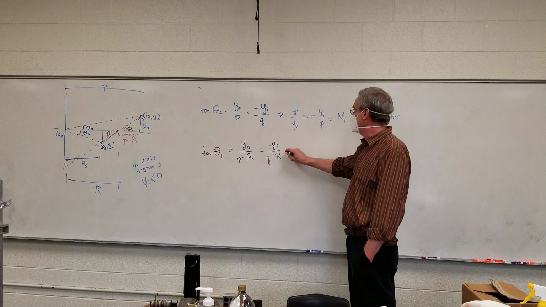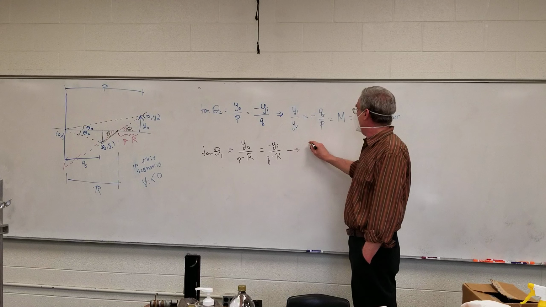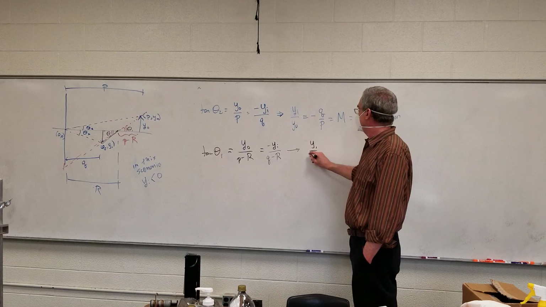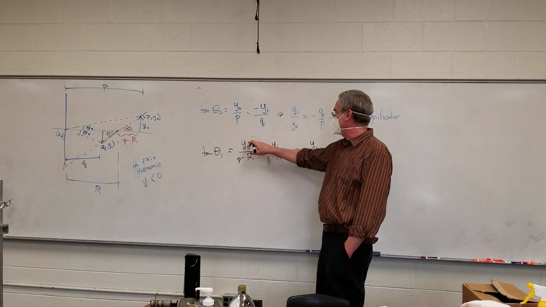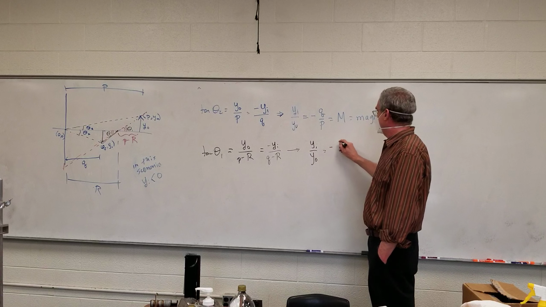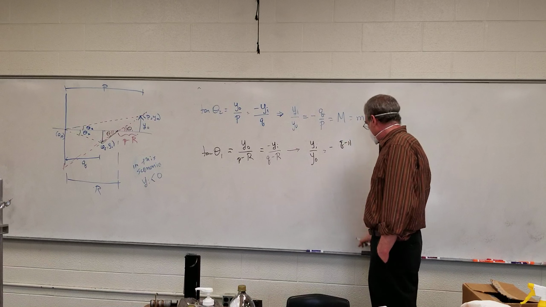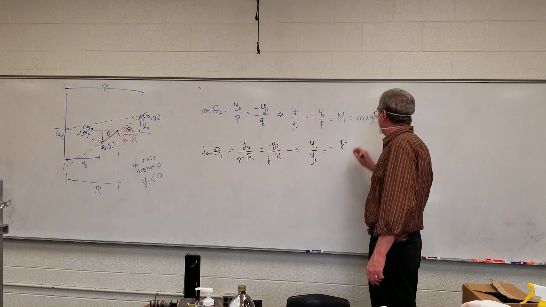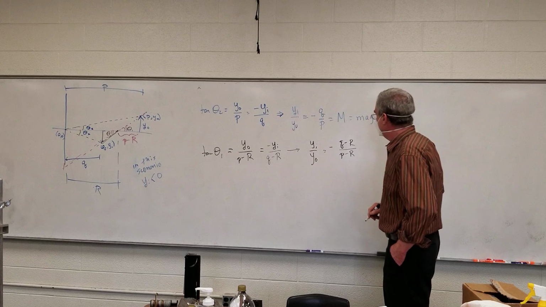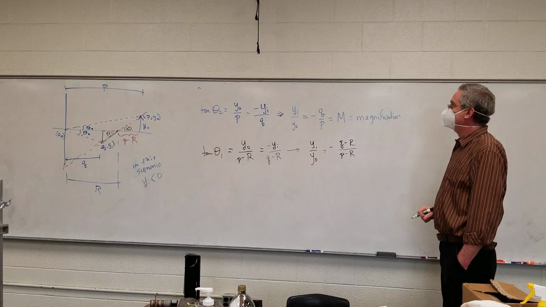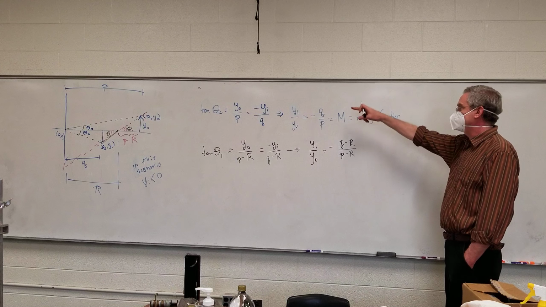All right, so from this, if I get yi over y0, so I'm bringing the y0 down, the q minus r goes up, so that's going to be negative q minus r over p minus r. And now I can equate these two.